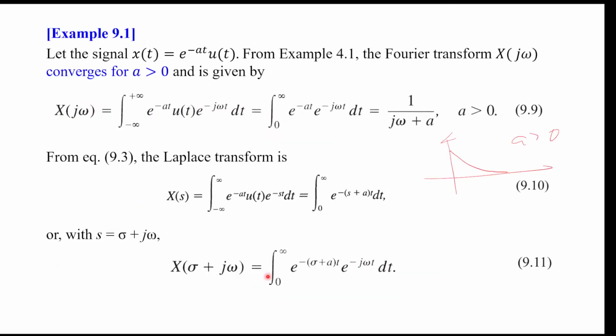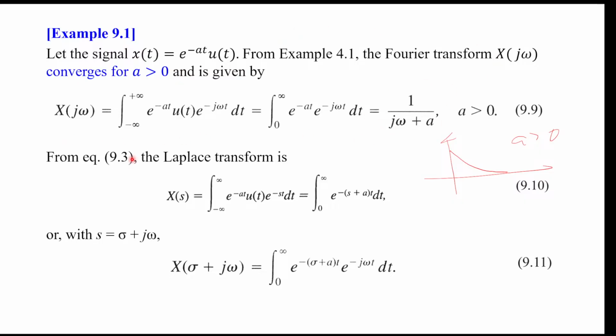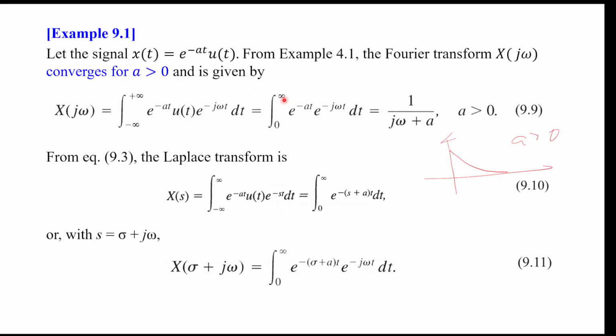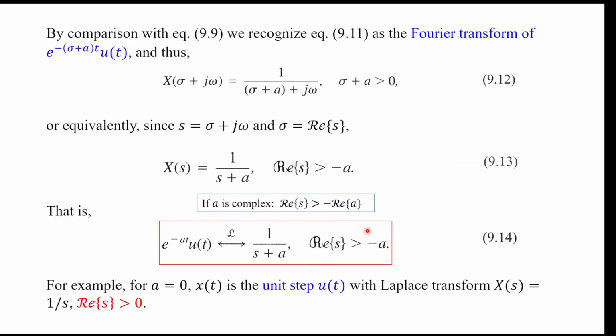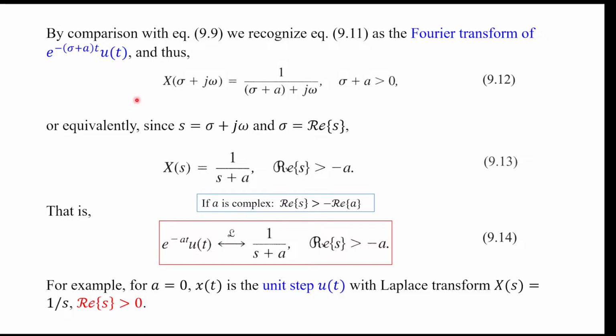Okay, and we can look at this formula and just write down what this Fourier transform is. We don't do the integration again, but the integration is 1 over sigma plus a plus j omega. So we have the j omega, and a becomes sigma plus a. Okay. And then now there is something actually very important here.